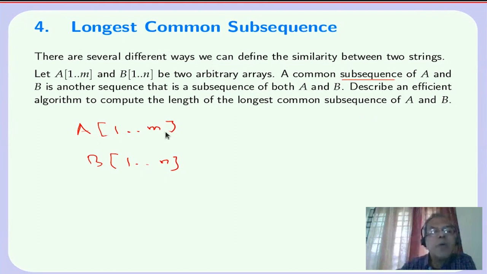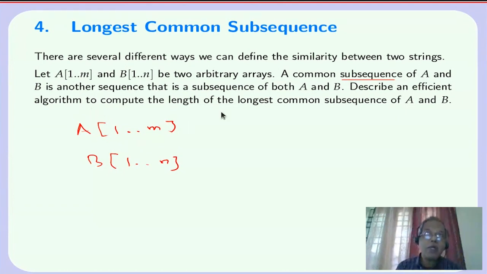Remove 0 or more elements from A, you get a subsequence of A. Remove 0 or more elements from B, you get a subsequence of B. We are interested in finding a common subsequence, at that, the longest common subsequence. A common subsequence of A and B is another sequence that is a subsequence of both A and B. Describe an efficient algorithm to compute the length of the longest common subsequence of A and B.